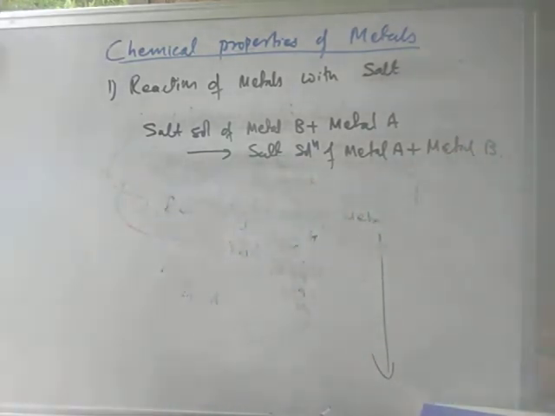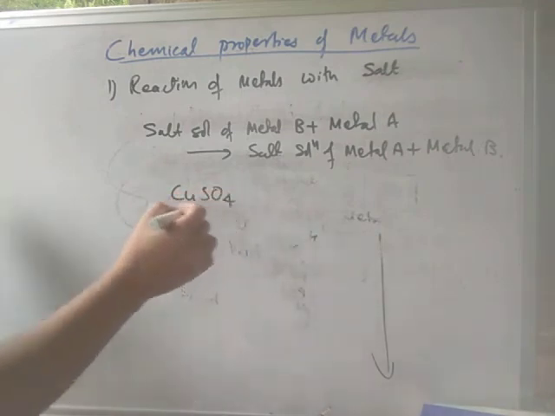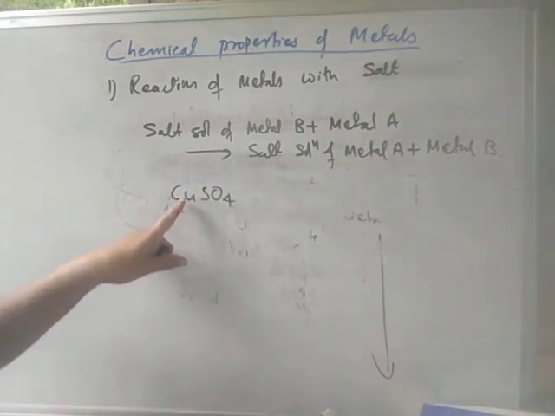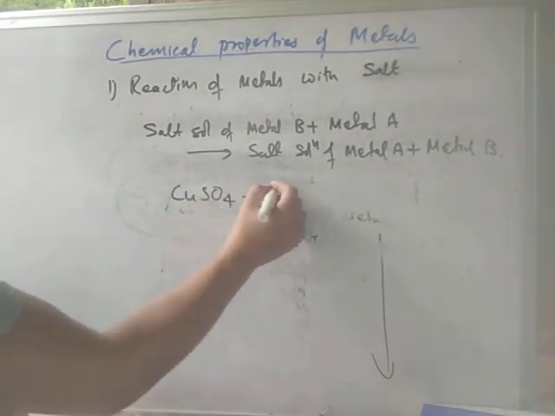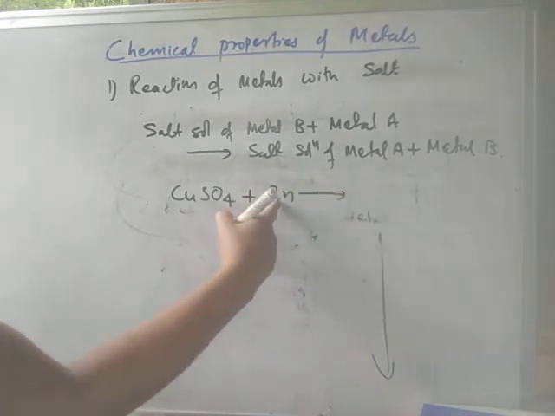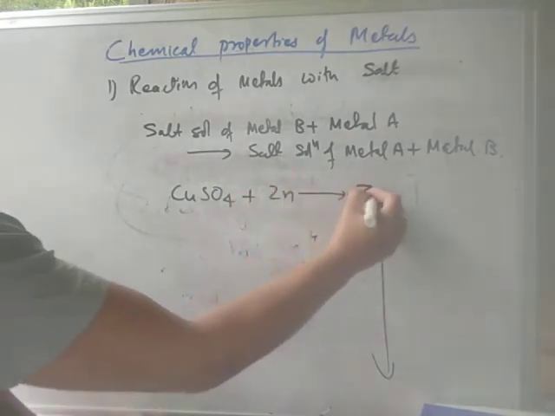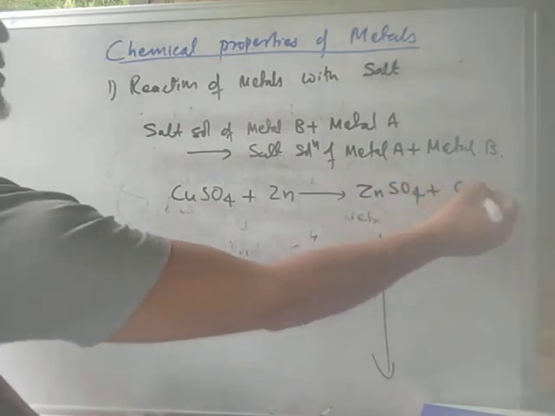Let us take one example. Copper sulfate is the salt solution of metal B, copper is metal B, plus zinc as metal A. So it gives a salt solution of metal A, that is zinc sulfate, plus copper metal.